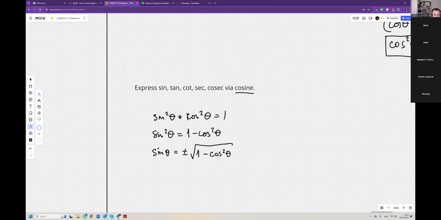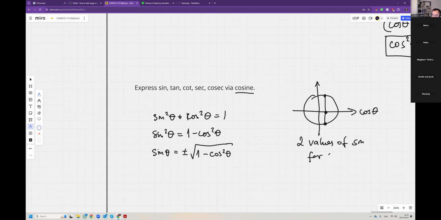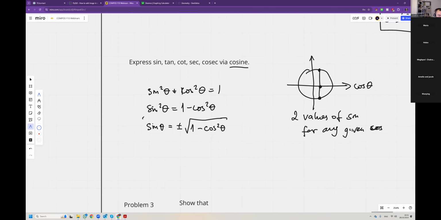Two different values of sine are possible for a given value of cosine. That actually makes sense because if cosine is fixed, on the cosine axis, there are always two different possible values of sine. Sine can be this or that.